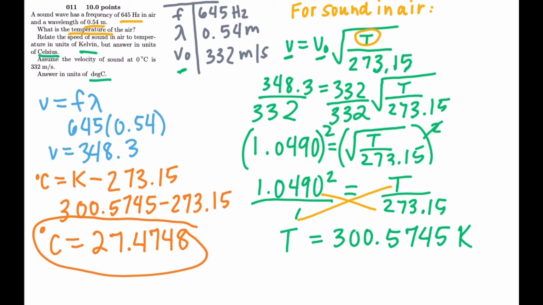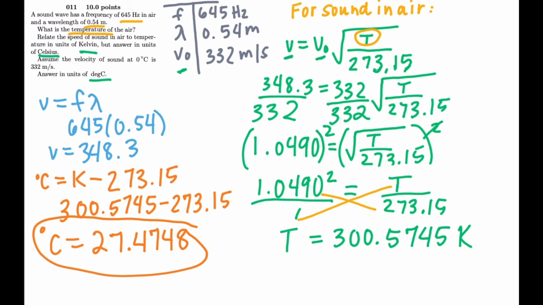Okay, so I'm just going to recap what we did. We made a T-chart. Always start off your problems with a T-chart. If it gives you different values, make a T-chart. It'll keep you organized so you know what you have. Then we identified the equation we needed to find temperature. We figured out that we needed the final velocity, so we found it using velocity equals frequency times wavelength.